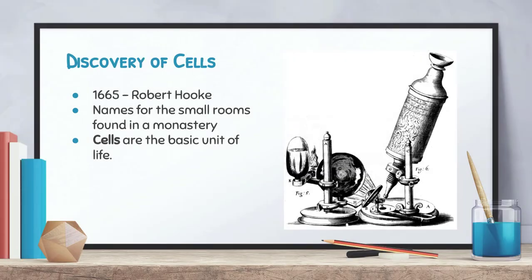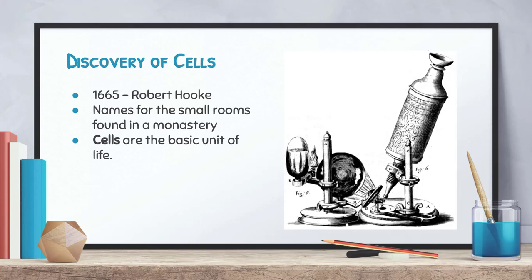Let's get started. So the discovery of cells is actually a fairly recent phenomenon. It occurred in 1665 by a man named Robert Hooke, and he used a very primitive microscope, as you see in the picture on the right. When he looked under a slide, he had a small piece of cork on there, and cork comes from a plant.